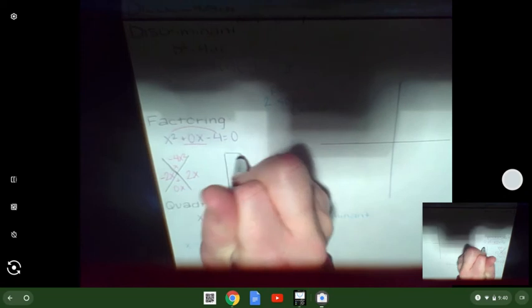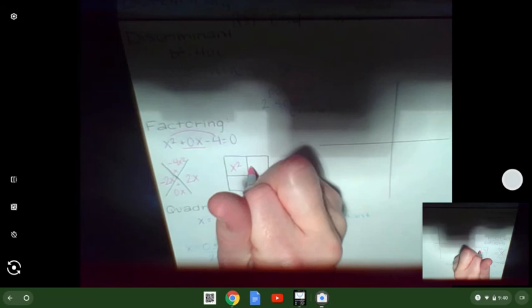Okay, now that I have my chosen 2, I'm going to do my backwards box. And in my backwards box, I am going to put my x squared in the top left, my constant term negative 4 in the bottom right, and then my 2 chosen terms right here in any order in the empty squares.